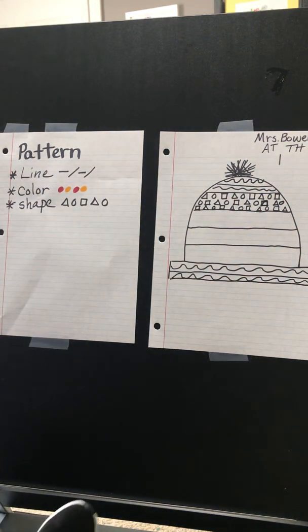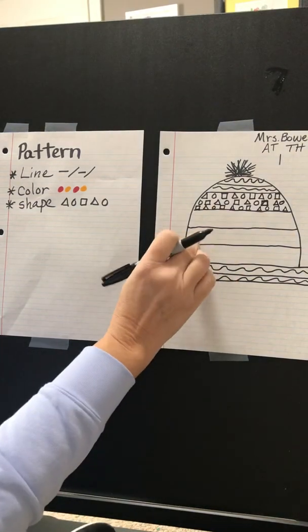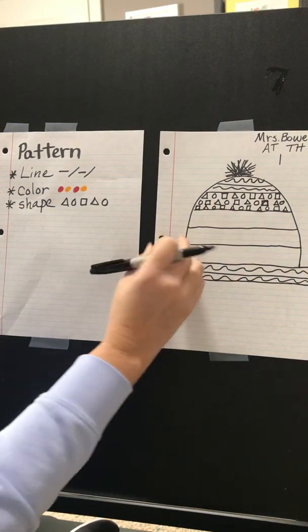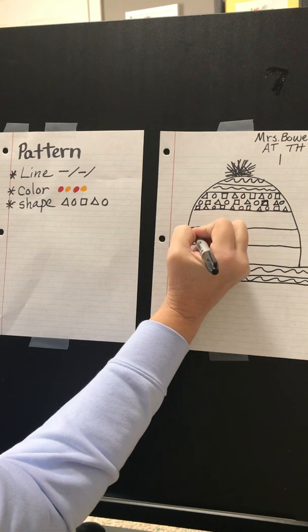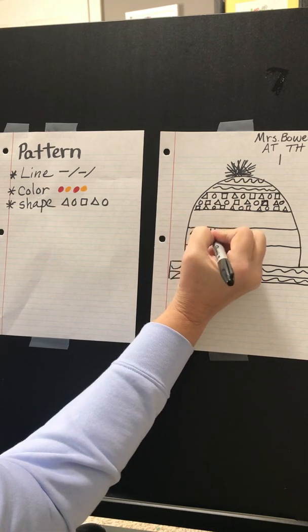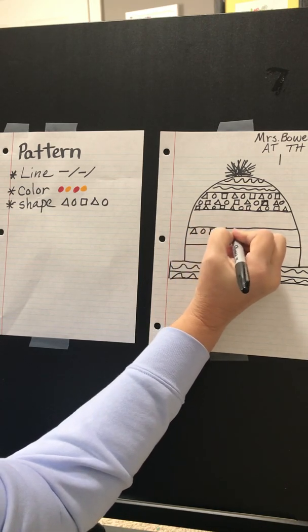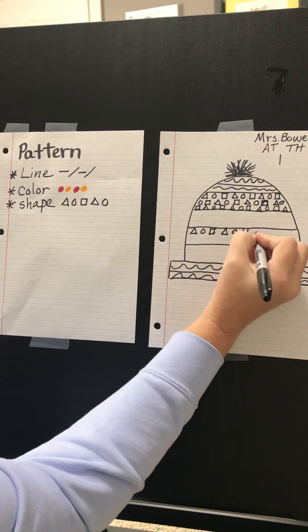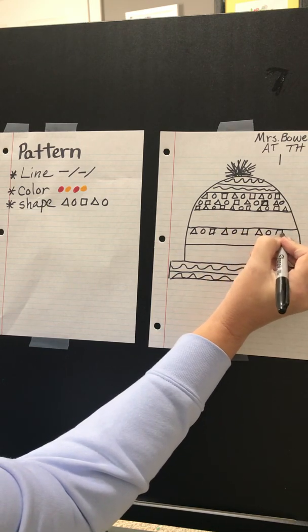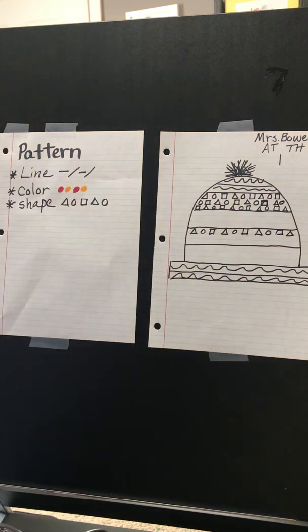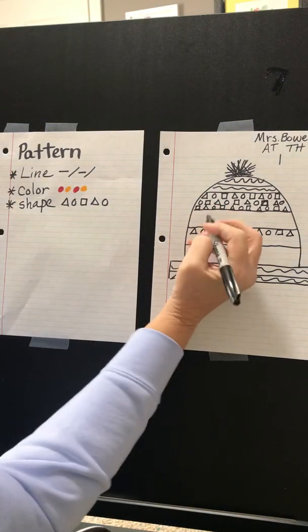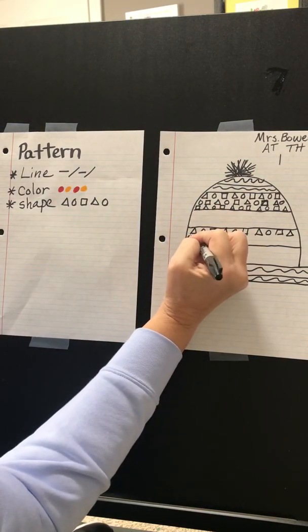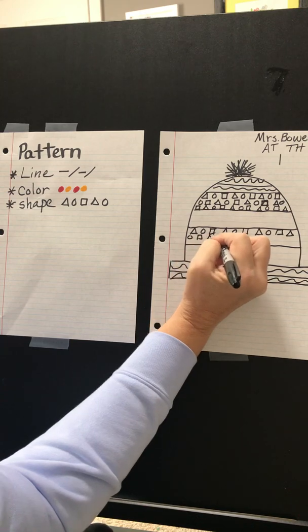All right, so we got that pattern going on. Let's do that again on this section. So we did triangle, circle, square, triangle. Second round, we'll start with the circle.